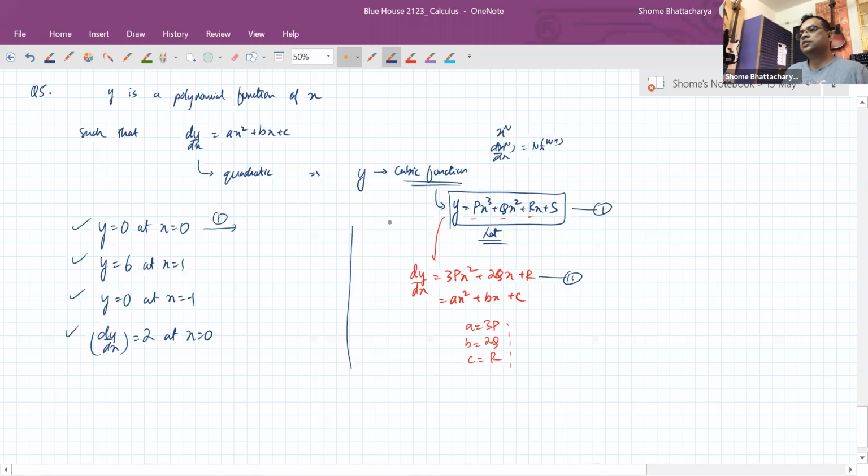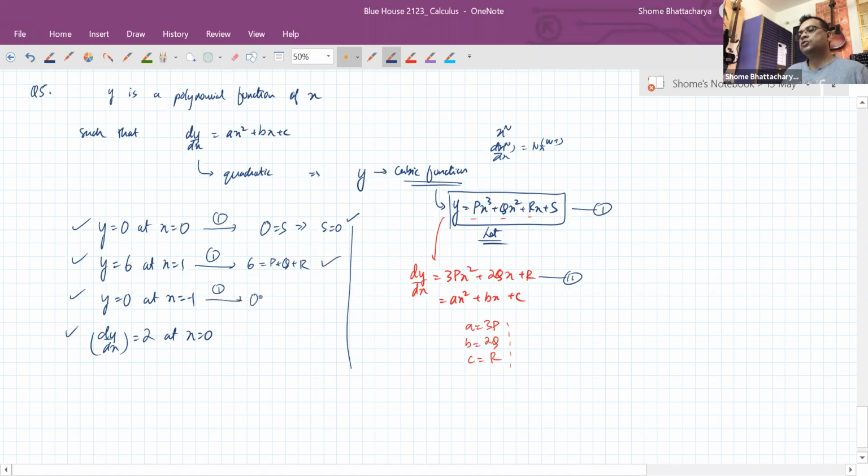Put x as 0, so y should be 0, so that means s should be 0. Okay, put this also in equation 1, y should be 6 when x is equal to 1, so that means p plus q plus r is equal to 6. S is already 0. And put this also in the first equation.